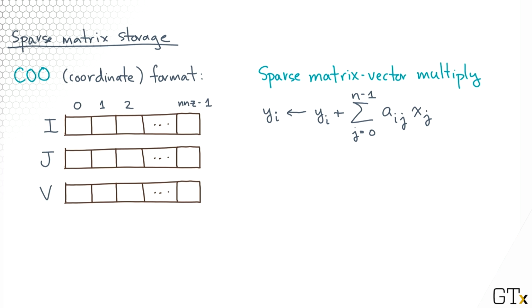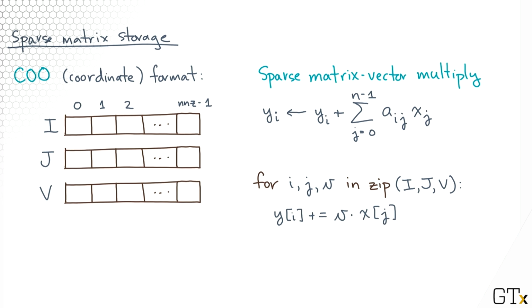So what does the code look like given a COO representation of A? Well, you could use a zipper iterator over capital I, capital J, and capital V. Now in this code, each non-zero value is little v, and its row and column indices are little i and little j. The code can then update each y sub i by little v times x sub j. Easy breezy.